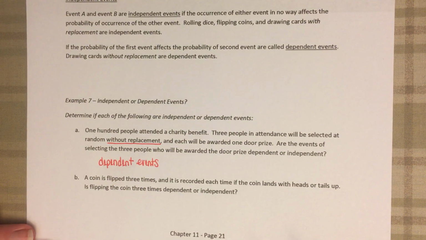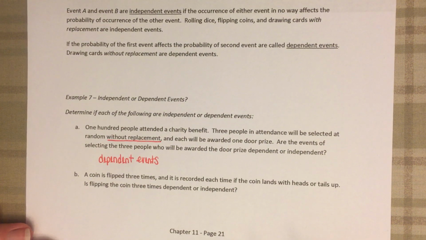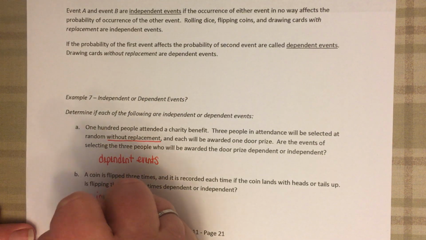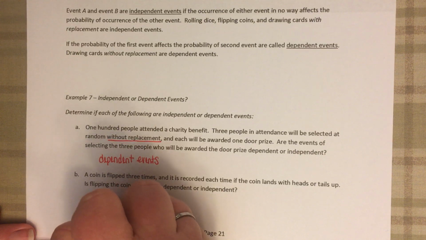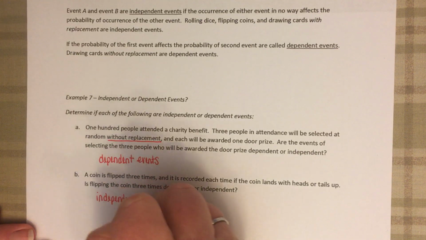Right, then for example B, a coin is flipped 3 times, and it is recorded each time if the coin lands with heads or tails up. Is flipping the coin 3 times dependent or independent? We're told above, and if we think about this, each flip that we have does not affect another toss. So in this case, tossing a coin is a good example of independent events.